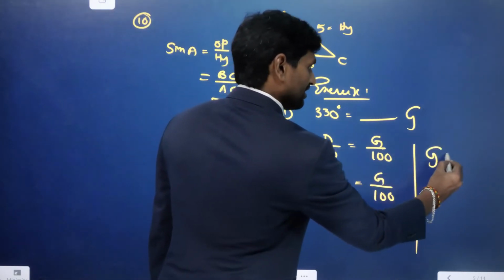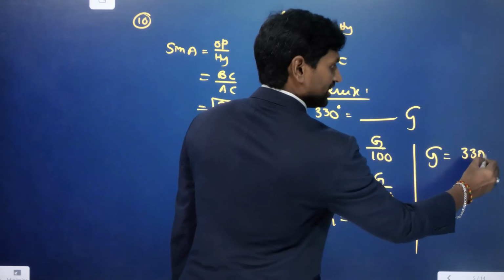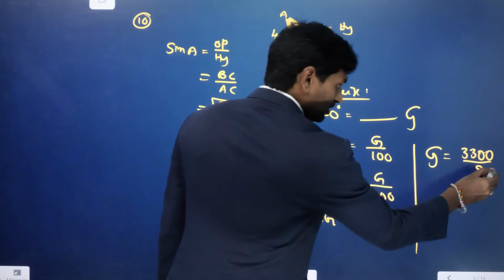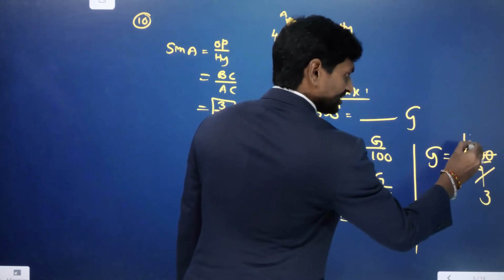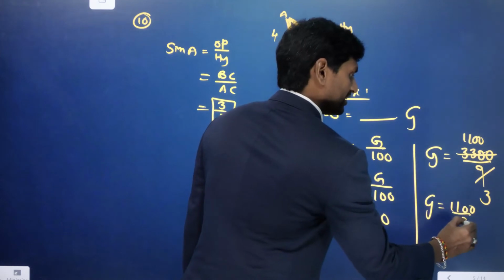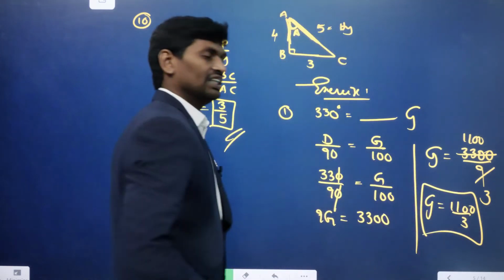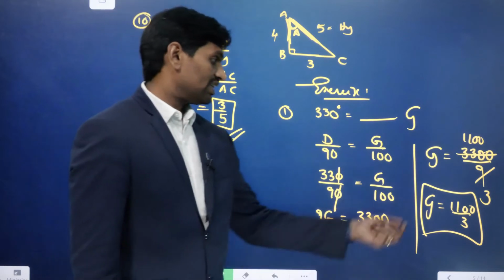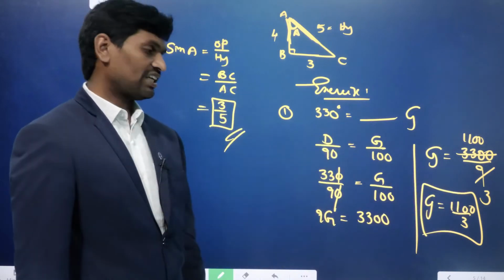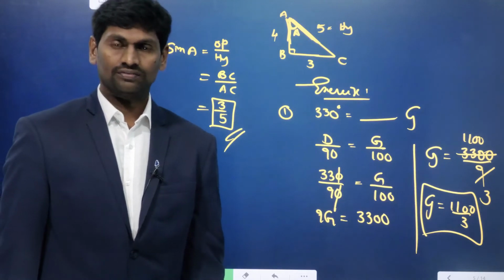From this, the Z value is 3300 by 9. Again, both are in the 3 table: 3 3s, 3 11s. So grade equals 1100 by 3. 330 degrees is nothing but 1100 by 3 grades. That is the answer. Please check.